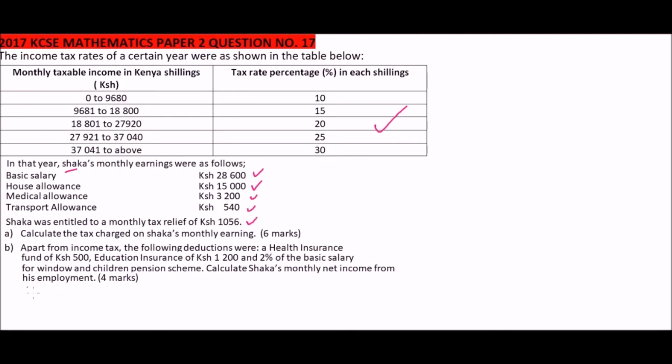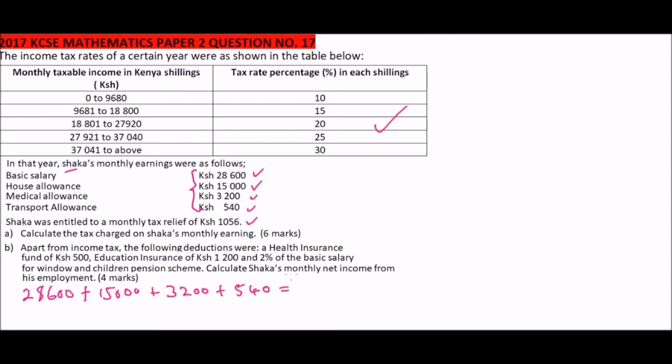So the first thing we do is to get the taxable income. The taxable income is the total of what he's getting. So we are going to add 28,600, we add 15,000, we also add 3,200, and we also add 540.